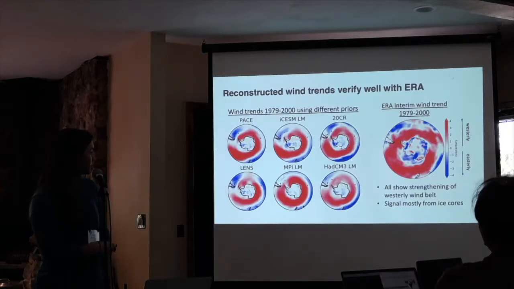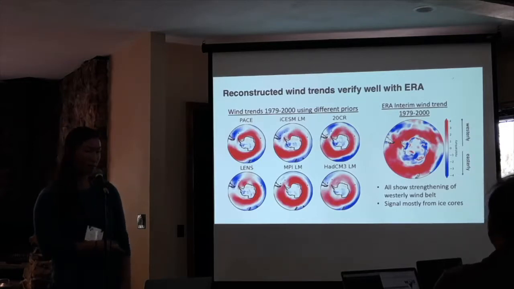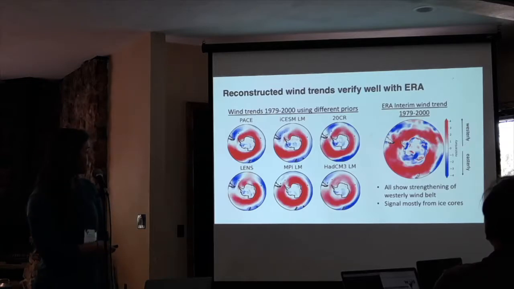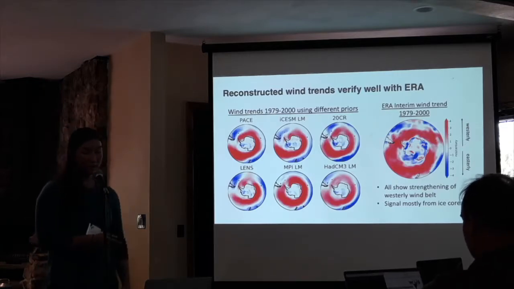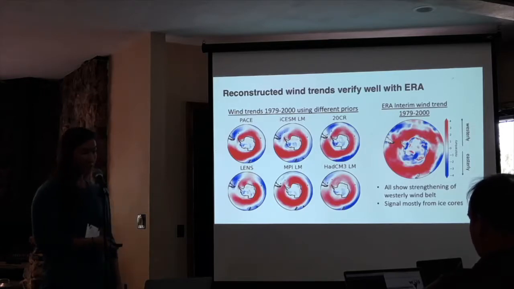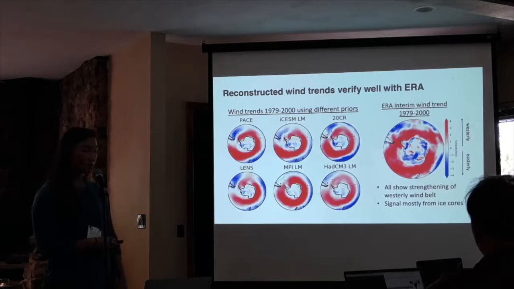This is from 6 different climate models as my prior, and we see a very similar result regardless of prior that all show the strengthening of the westerly wind belt. I can do this reconstruction by assimilating all of the proxies in my database, including ice cores and tree rings, or I can do it with just ice cores, and I get a very similar result, showing that the signal is mostly coming from the ice cores, which is nice to see.